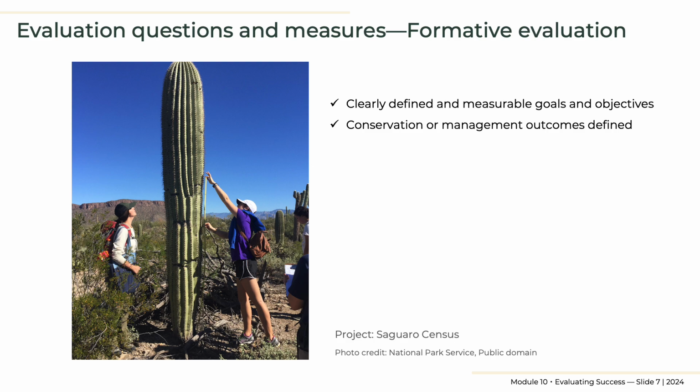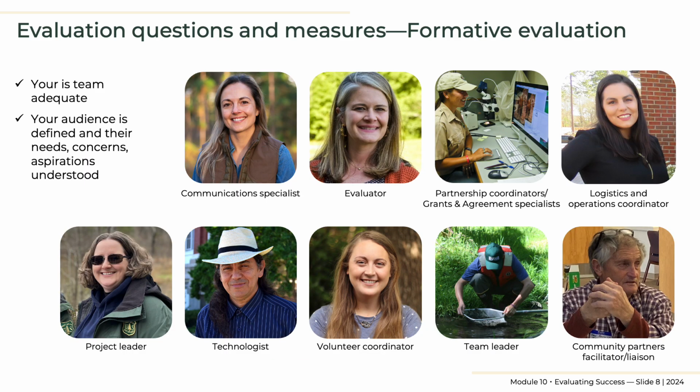Are the goals supported by clearly defined objectives? Are the goals measurable? From Module 4 on Project Team and Definition of Audience, does the team include scientists, technologists, and educators, communicators? Do project staff have adequate training? Are all team roles filled by staff or partners? Has the audience been clearly defined, and have steps been taken to understand audience needs, concerns, and aspirations?